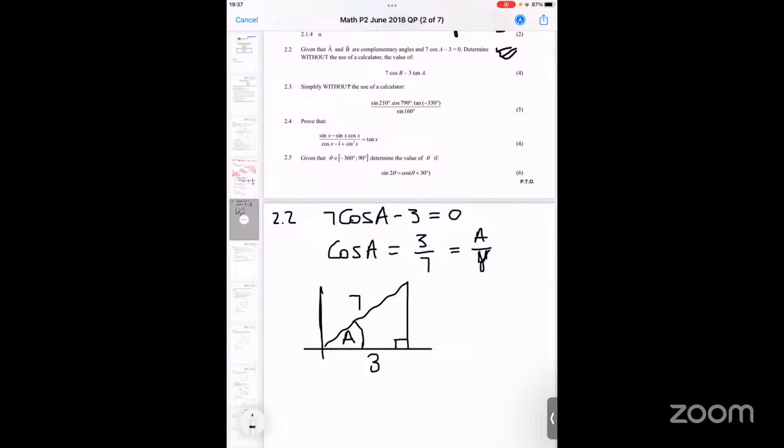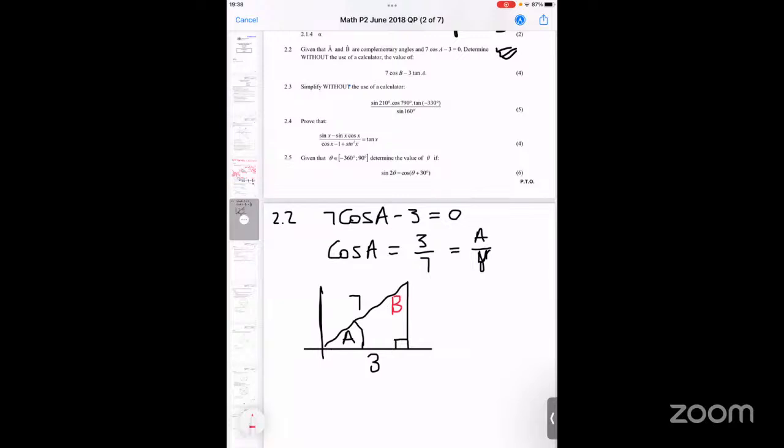So the most important thing to know here is complementary angles. What do you guys know about complementary angles? Because if you do not know that part, then it means you are in trouble. Maybe let me give you guys a clue. If angle A and B are complementary angles, would you then agree that this is angle B? And if you agree, what would be the reason or the explanation?